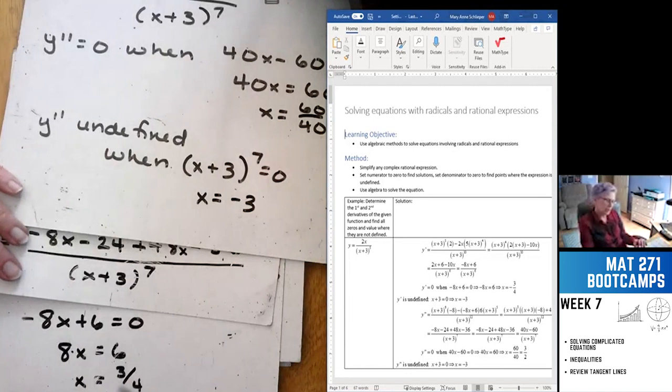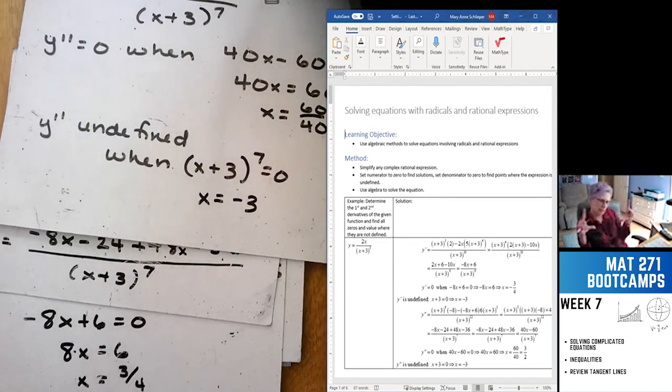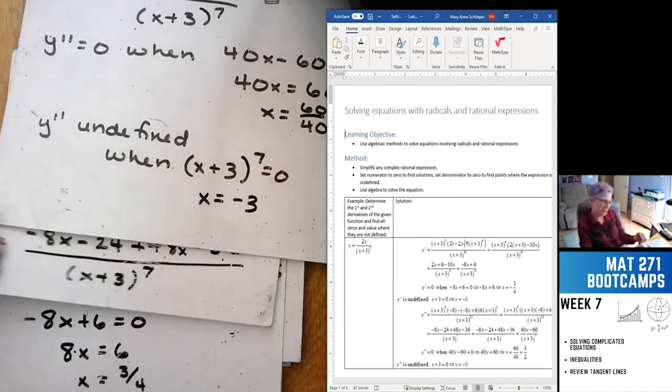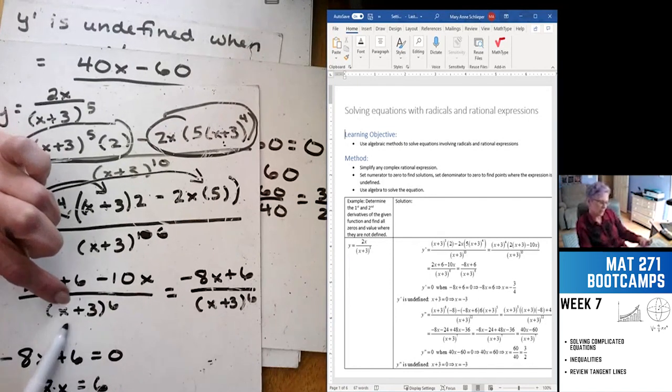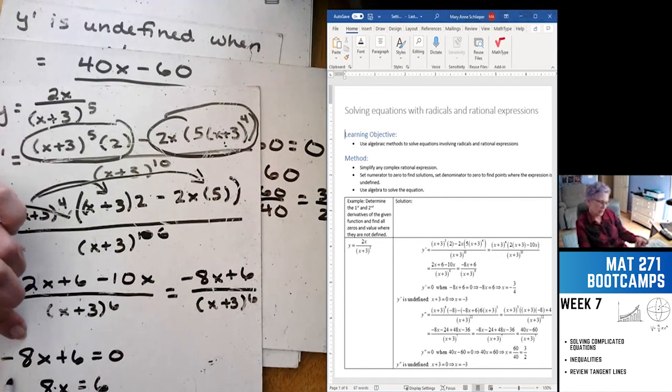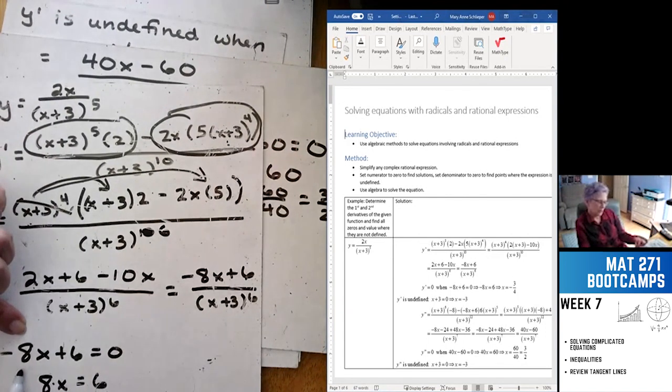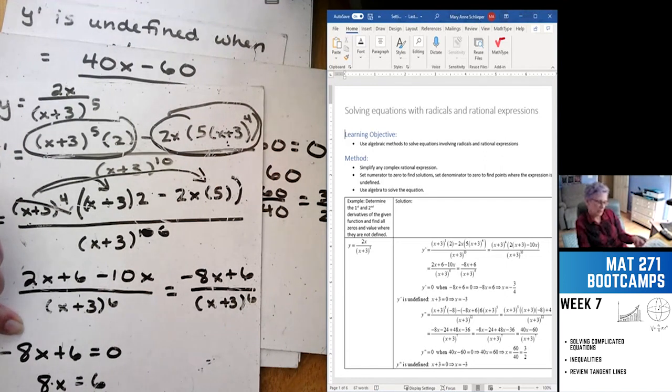What you would do is make a sign chart and figure out where it's positive and negative. Well, this denominator is always going to be positive. This numerator is a line with negative slope, which means it's going to be positive for numbers less than 3/4 and negative for numbers bigger than 3/4.